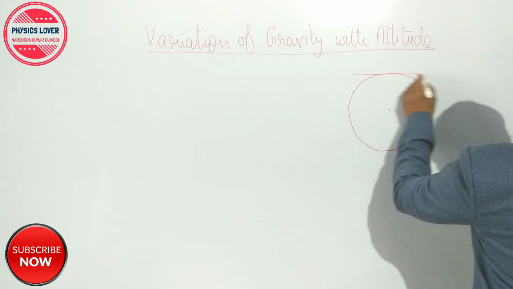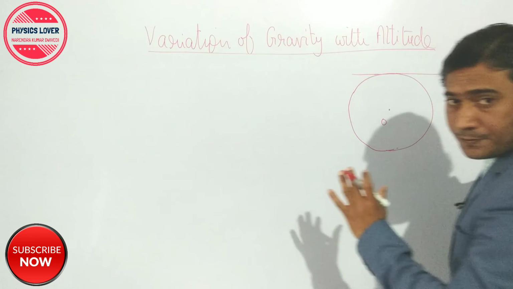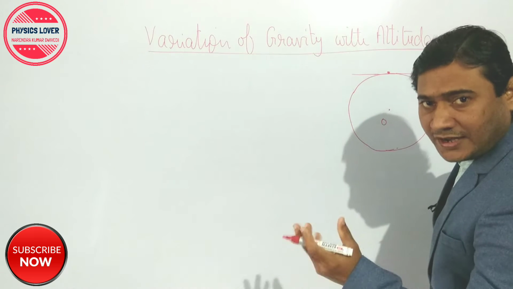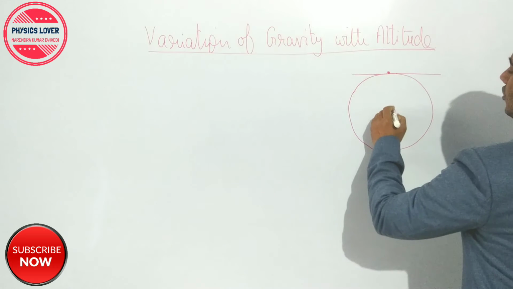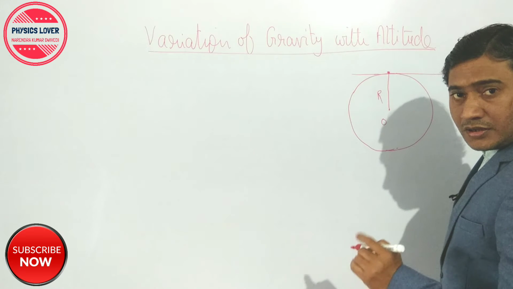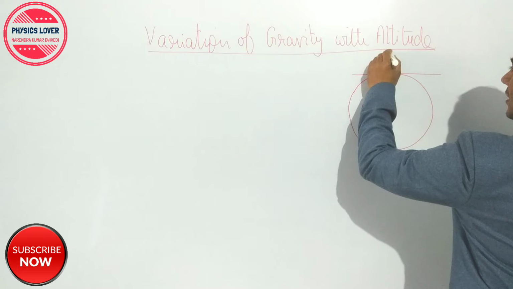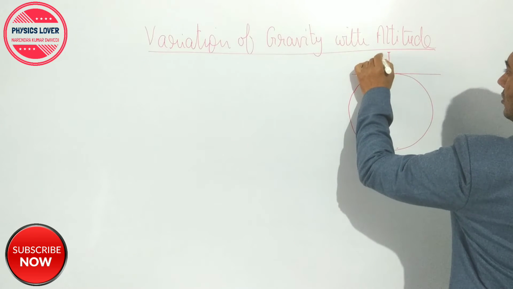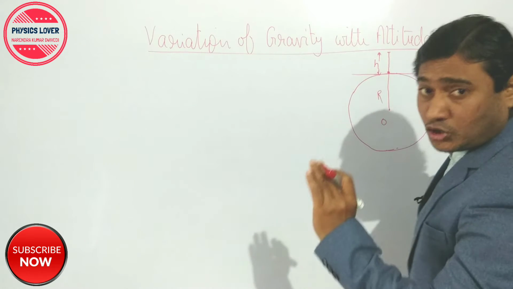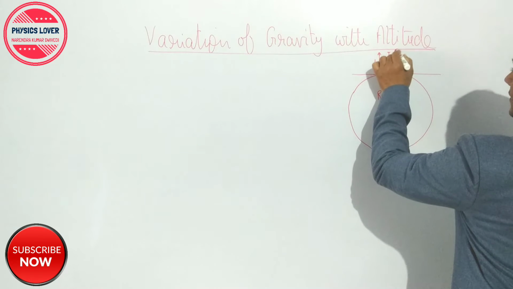Let me represent the center by O. Now say the body is for a while lying on this point on the surface at a certain distance, say R. Now I am lifting this body to a certain height, say H, above the ground. Say this position is P and this is Q.